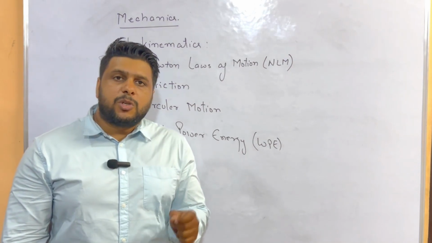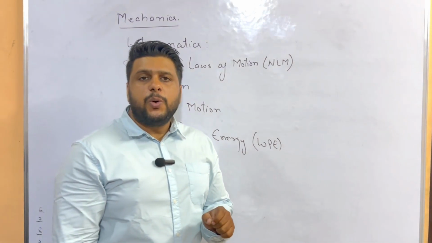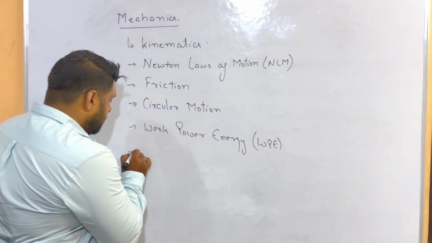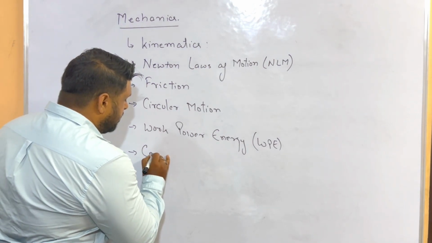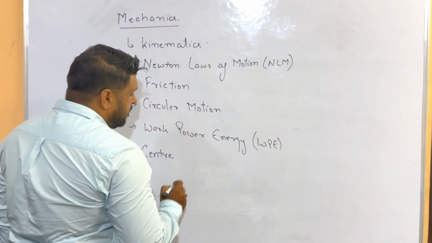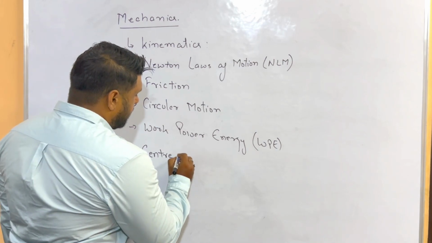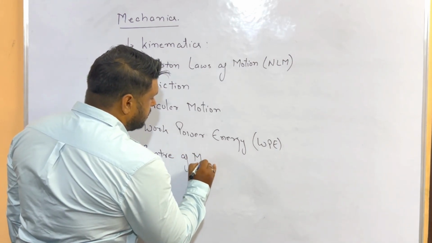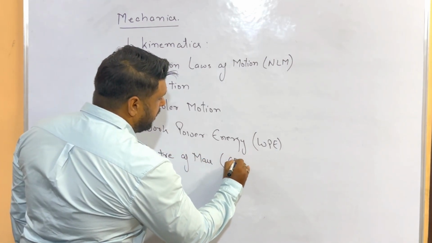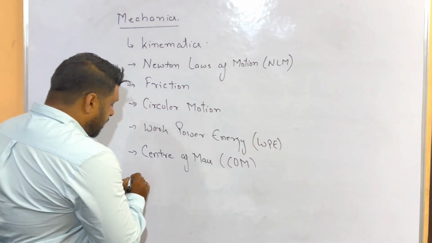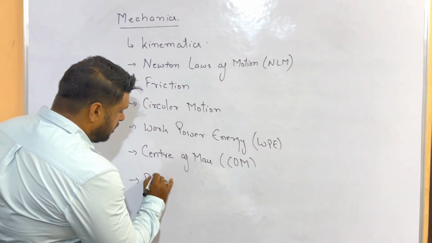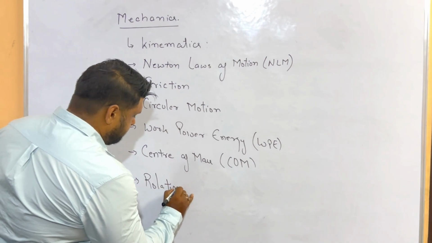Then we will be talking about center of mass and rotational motion. So these are the 7 chapters which we have to cover in mechanics. Center of mass, in short, we will write as COM, and then rotational motion.